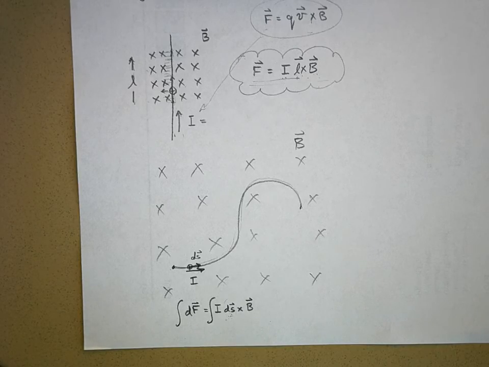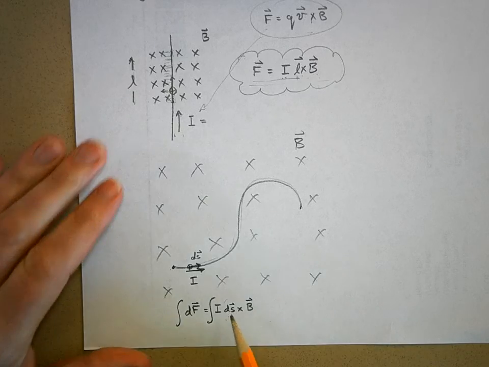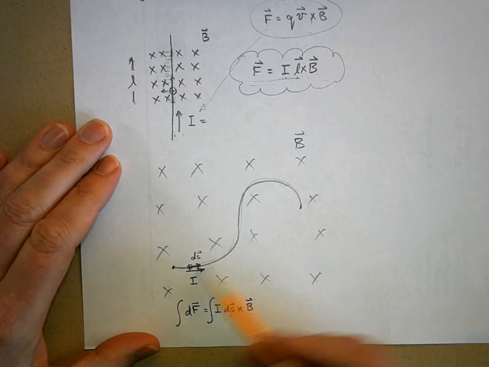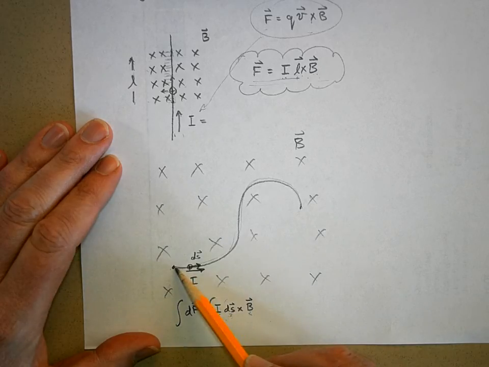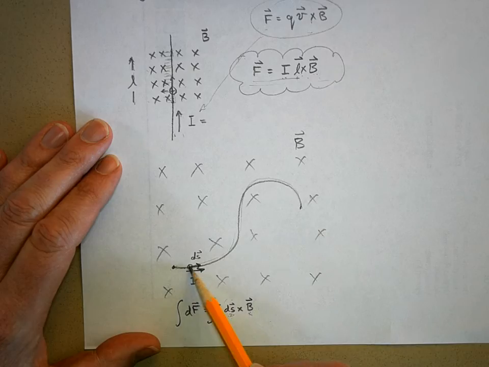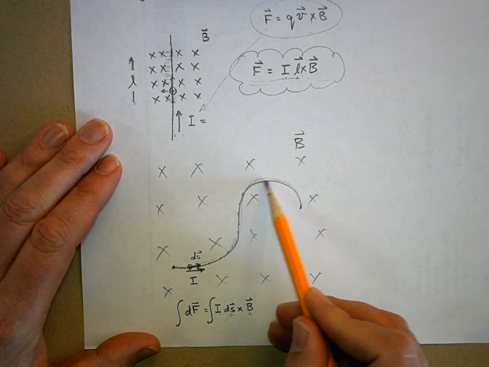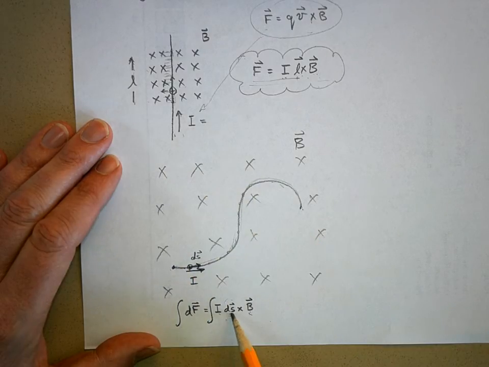Well, so now, really, when I go ds cross B, especially if B is constant right here, notice that I and B are constants. I'm just taking the cross product of this. What that's going to give me when I sum all the ds's, look at all the ds's, when I sum all the ds's, what do I get?